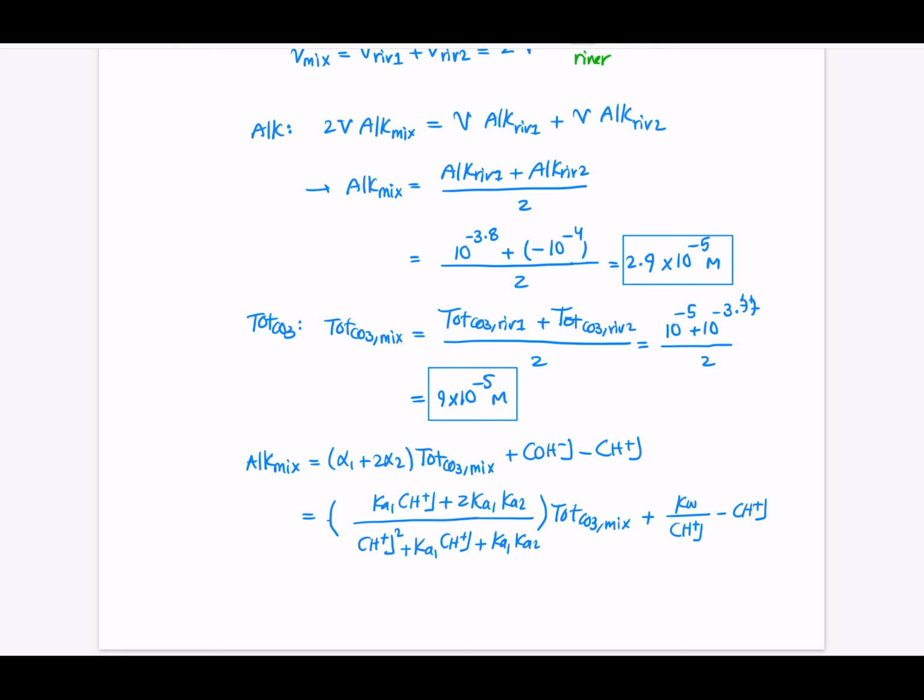Eventually you get to the value you're looking for. If we solve with an Excel spreadsheet, then the pH would be roughly 6.